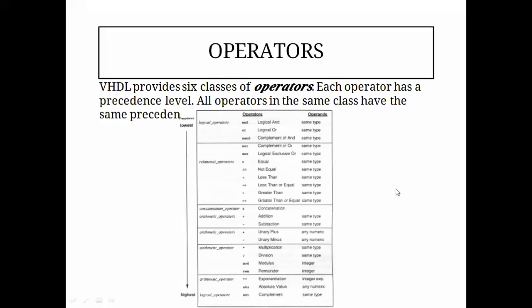So the first class of operator in VHDL is the logical operators, which have the lowest priority. Then the second class is the relational operators. What is included in them? Equal, not equal, less than, less than or equal, greater than or equal. All these come under the class of relational operators.